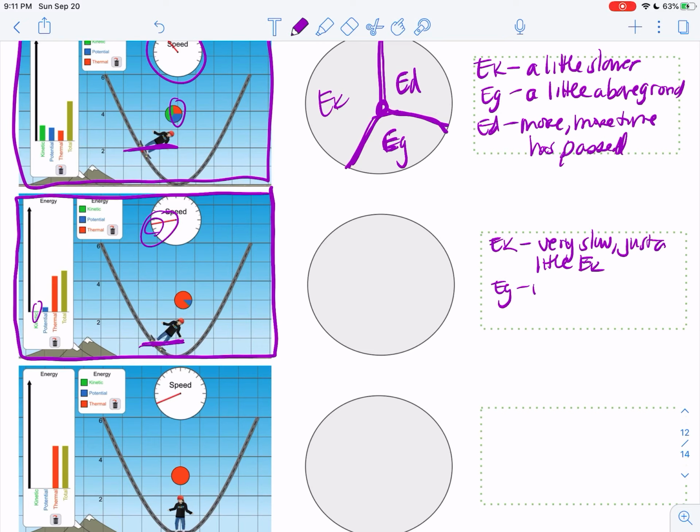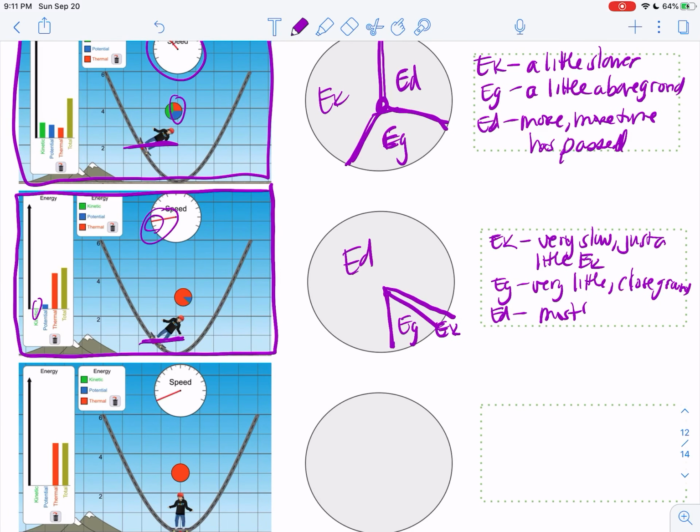EG, very little, he's very close to the ground. ED, most of the pie is going to be ED now, because the rest has been taken up. Maybe there's the tiniest sliver of EK because he's moving just a touch, and the whole rest of the pie is ED.